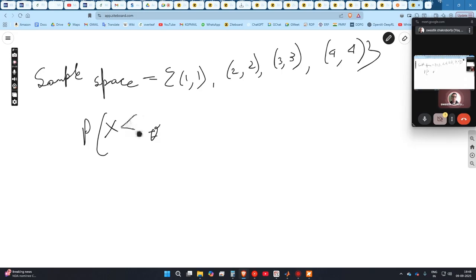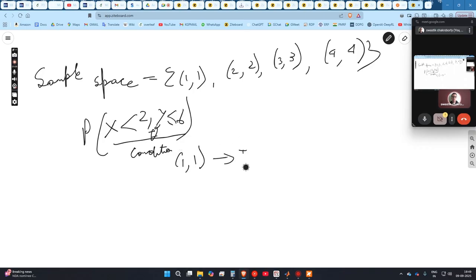Now, how many of these events satisfy the condition? Since there are only 4 possible events that can happen, how many of those 4 events satisfy this condition we have to evaluate. So for (1,1), is this condition true or false? In (1,1), it is true because 1 is less than 2 and 1 is less than or equal to 6.